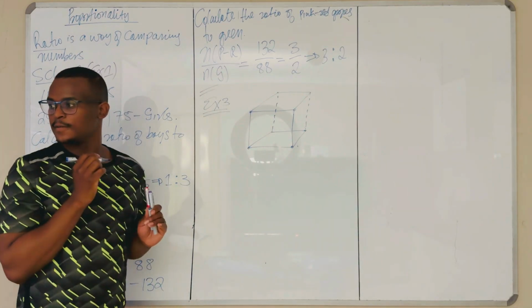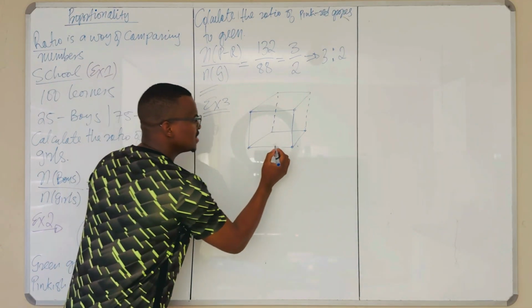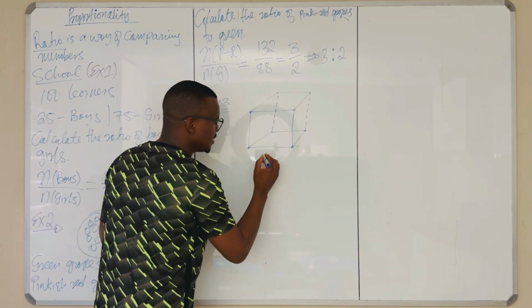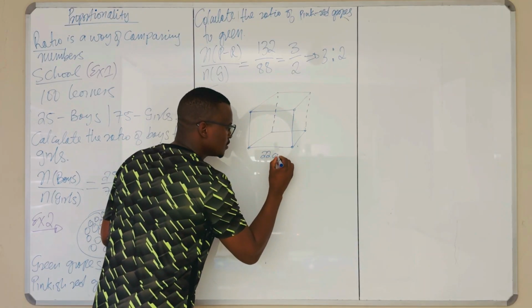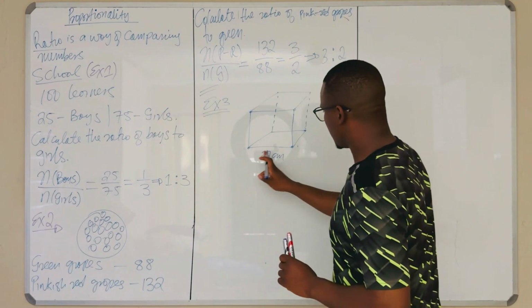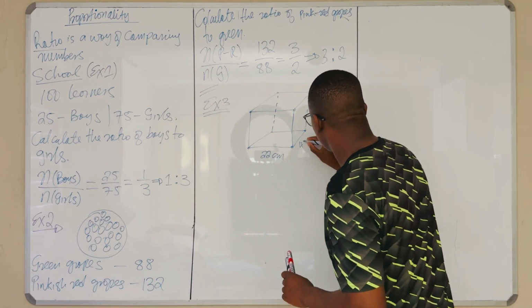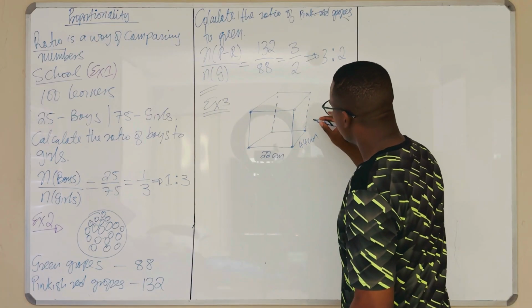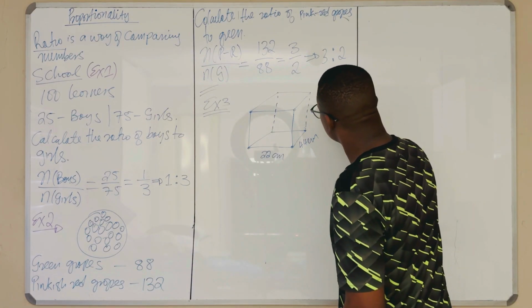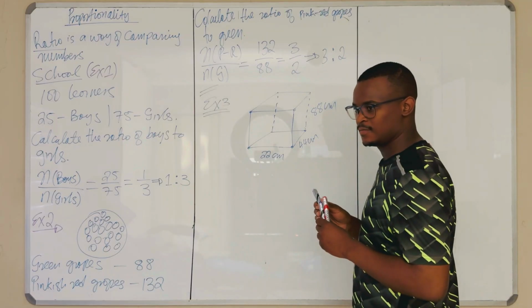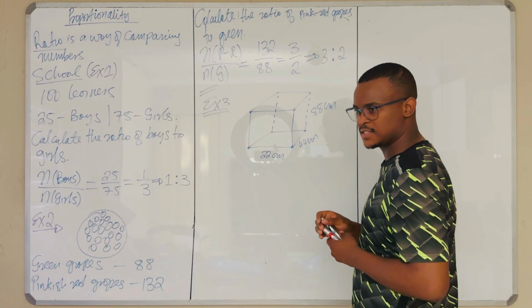So let's say this box of yours has a length of 22 centimeters. This is your length, right? And your breadth is 44 centimeters. And your height is 88 centimeters. I'm not sure if that makes sense.